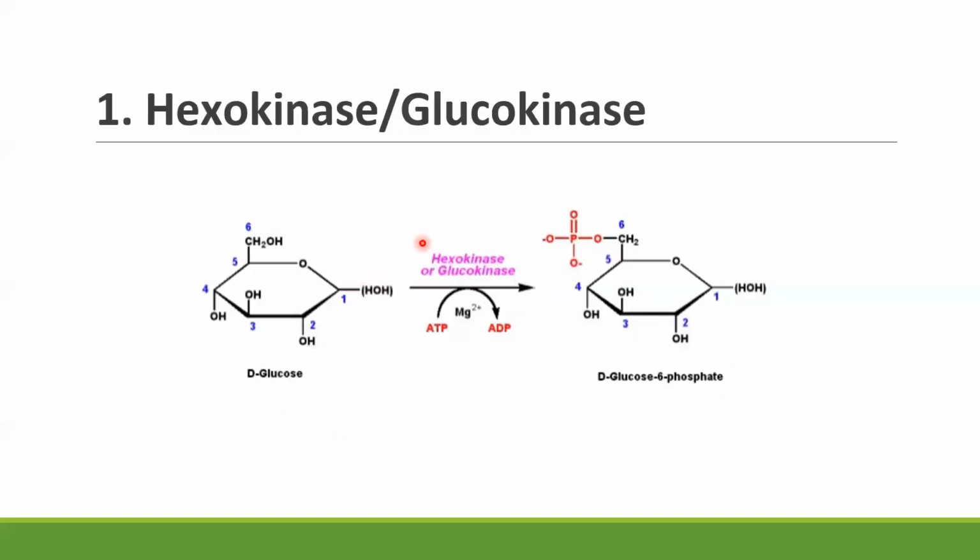And here we use two enzymes, and each enzyme has a special function. For example, the hexokinase function is different from the glucokinase. I will tell you the function, but just 1 minute. The glucose is converted to glucose 6-phosphate by these enzymes, and each one has its own feedback inhibition.